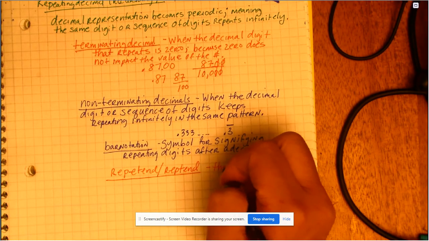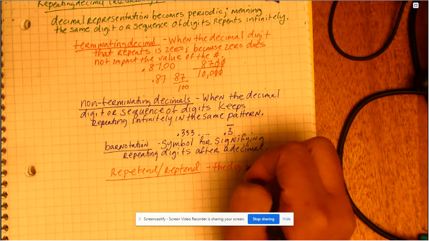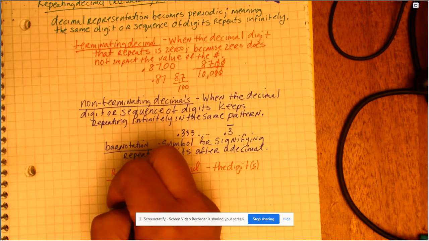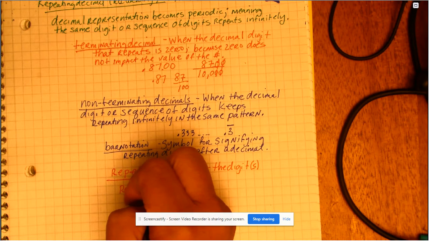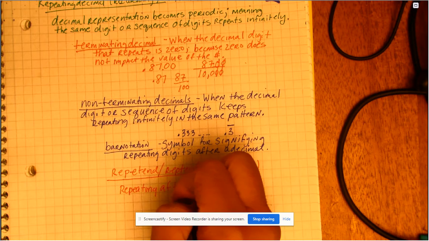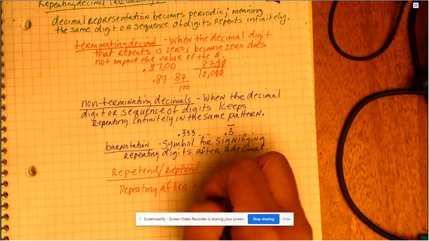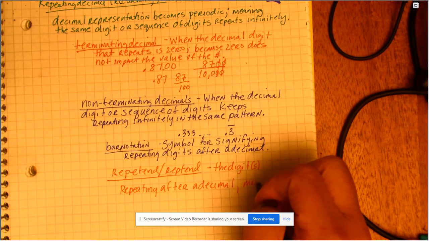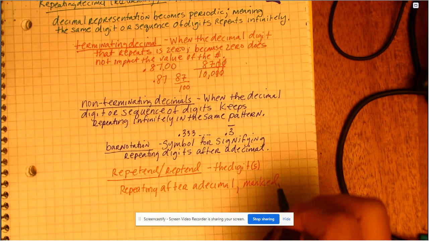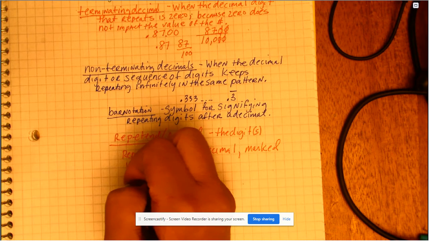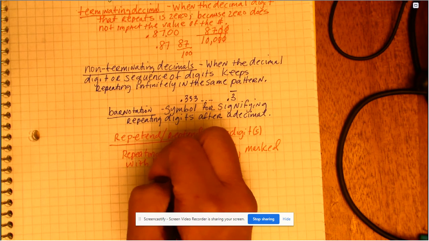So it's the digit or digits repeating after a decimal marked with bar notation.